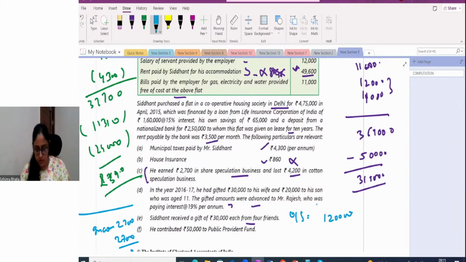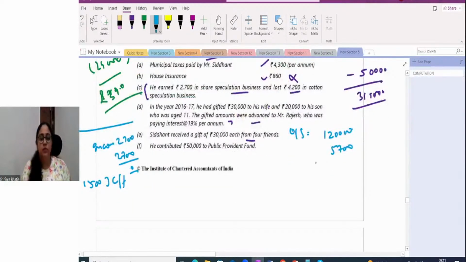30,000 का 19%, 5,700 wife's income. 20,000 का 19%, 3,800 son's income, which has to be clubbed, but 3,800 less 1,500, which is an exemption allowed. So total 2,300 would be clubbed. 23 plus 57 plus 120, 128.